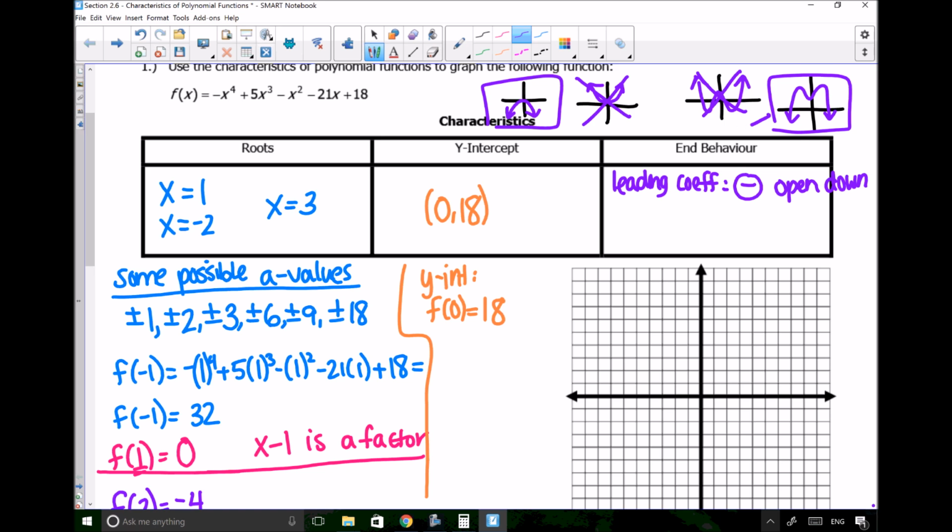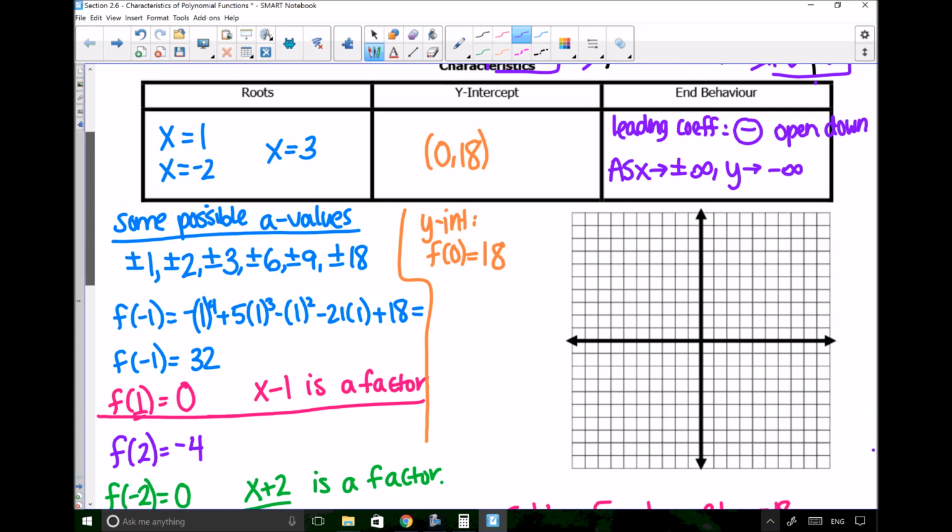It's going to lean more towards this because I know I have a bunch of different roots. This only has one root. Regardless, as x approaches negative infinity, y approaches negative infinity. And as x approaches positive infinity, y also approaches negative infinity. So I know that it's basically just going to open down.